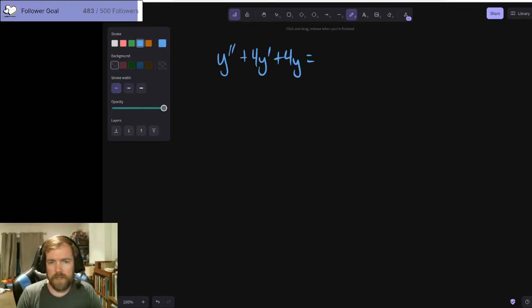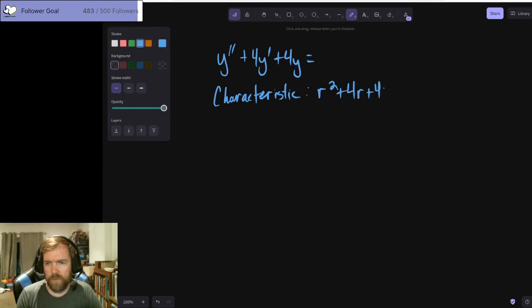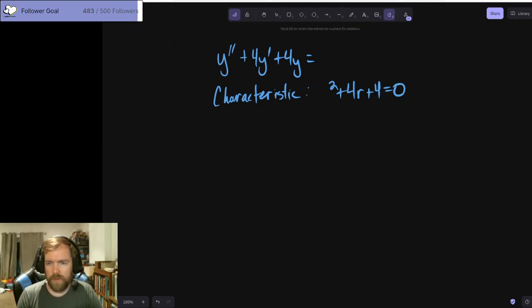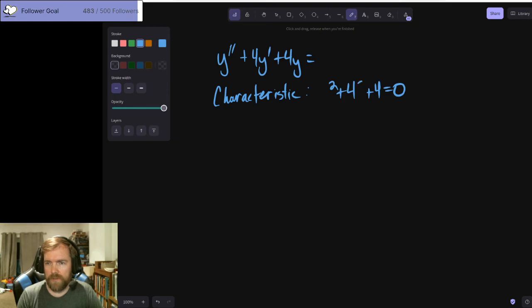so we know already that the characteristic of the null space is going to be r squared plus 4r plus 4 is equal to 0. We had actually done it not with r's but with lambdas when we talked about it last night, because these are our eigenvalues.